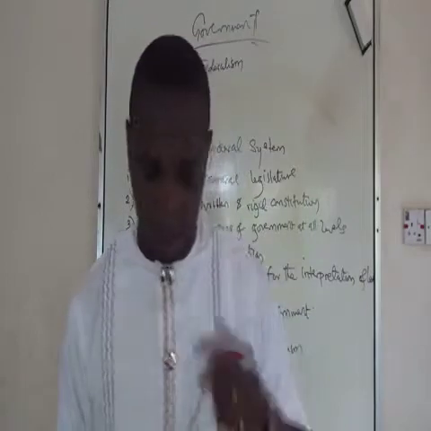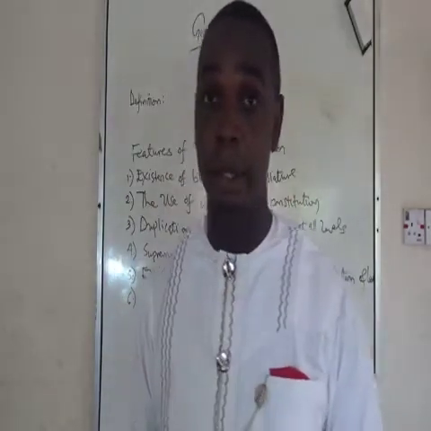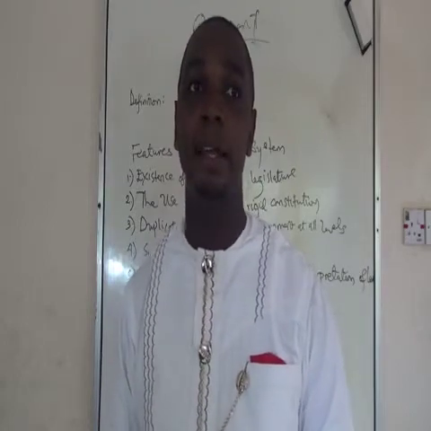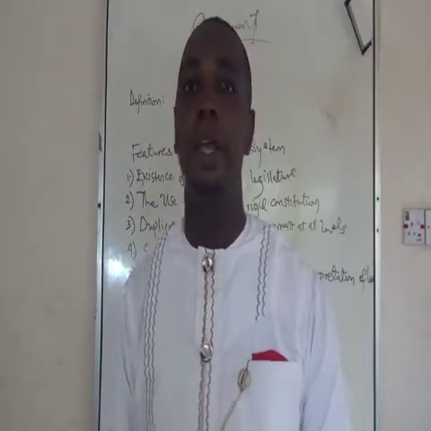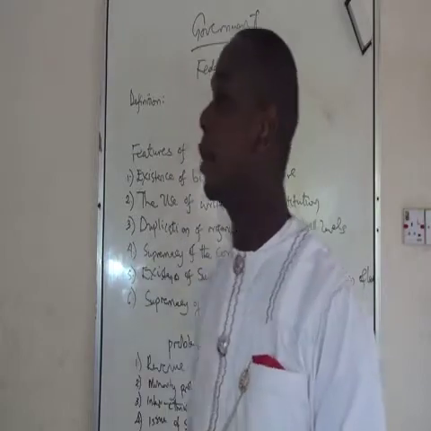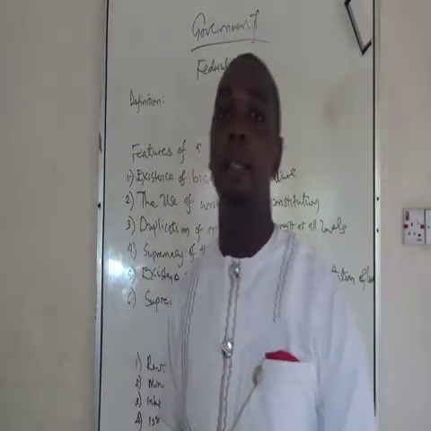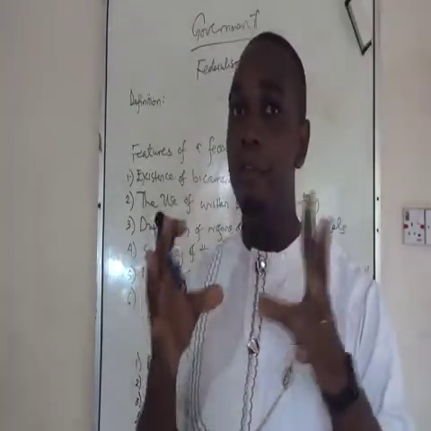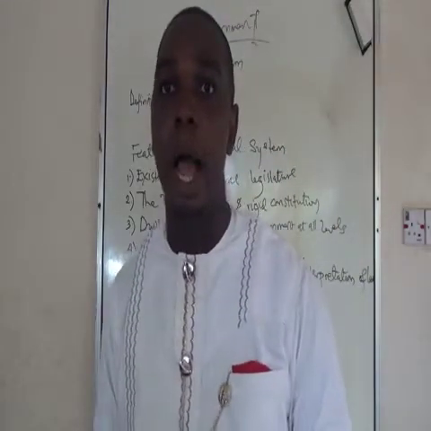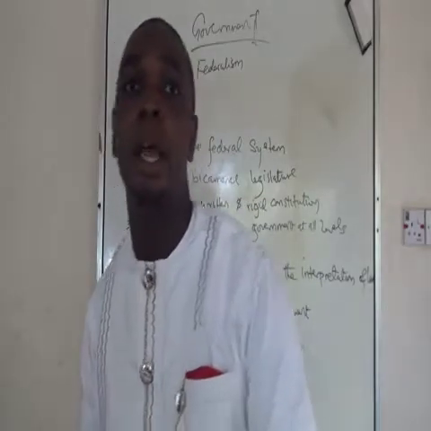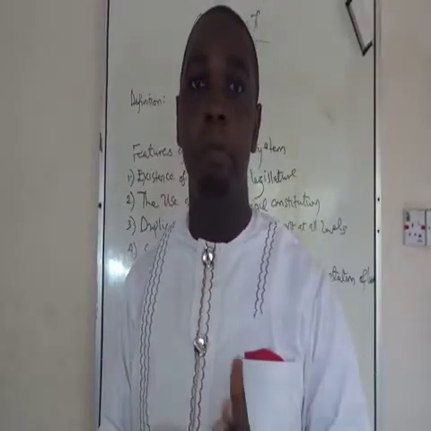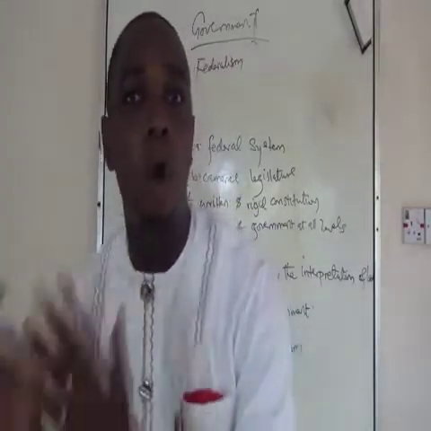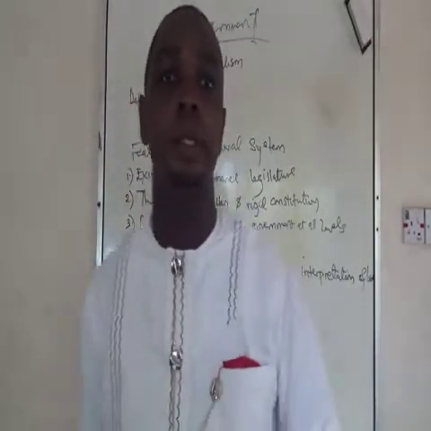But before we talk about Nigerian federalism, we must first define the concept of federalism. Federalism is defined as a system of government whereby governmental powers, constitutional powers, are shared between the central government and component or regional units.